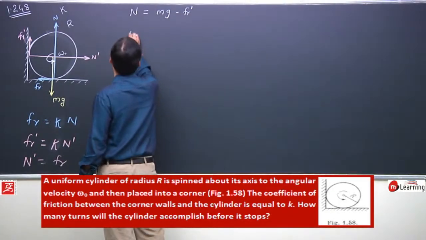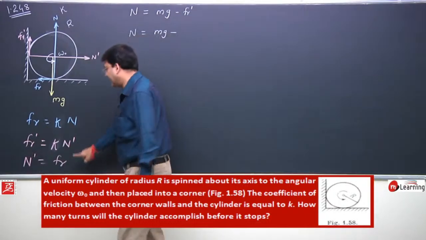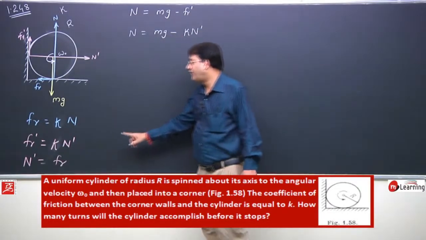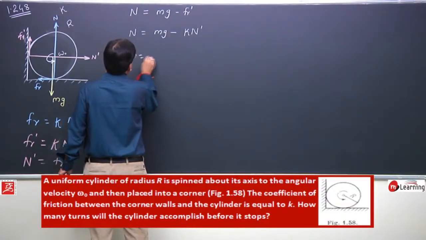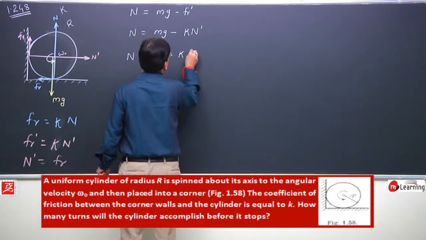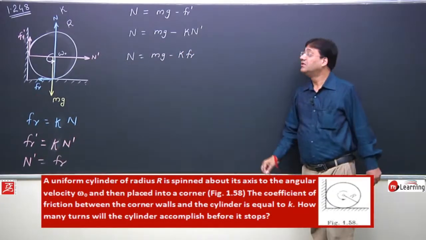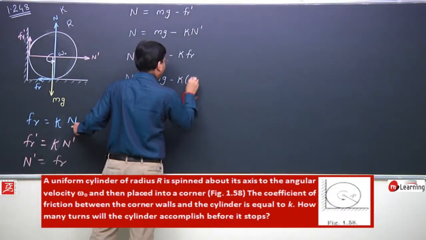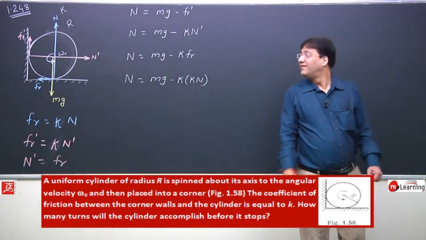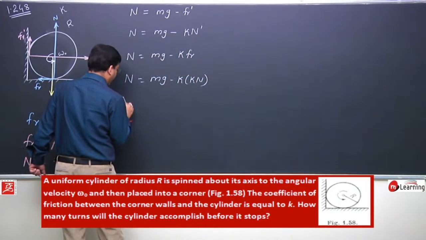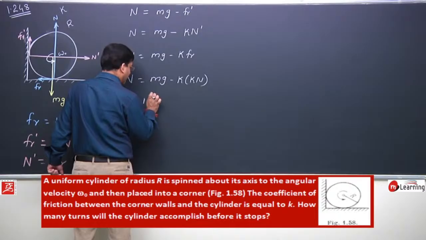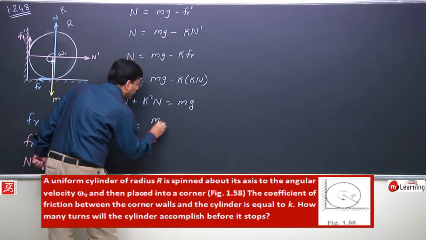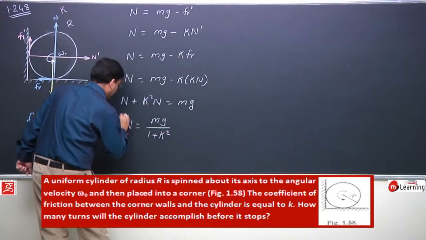And for Fr dash, I can always write, since this Fr dash is equal to K N dash, and for N dash I can write K into Fr, since N dash equals Fr, and for Fr I can write K into N, and hence this equation would finally look like this: N plus K square N is equal to mg, or N is equal to mg upon 1 plus K square.